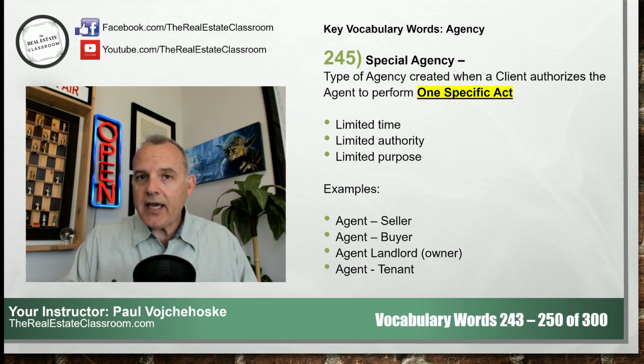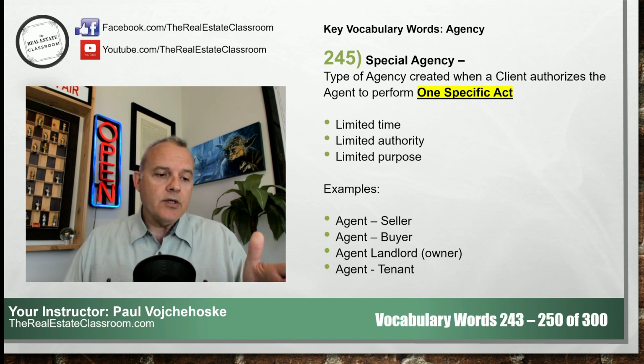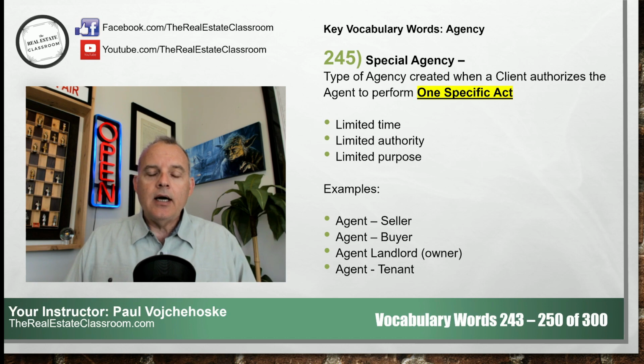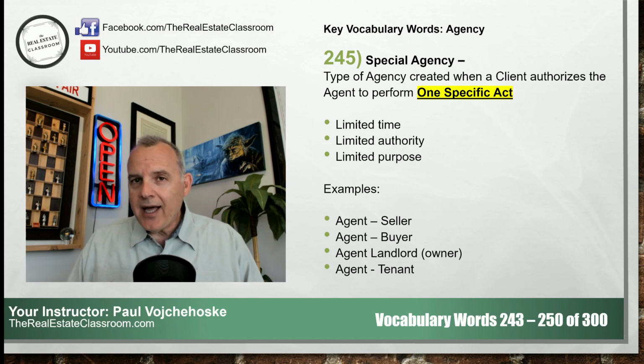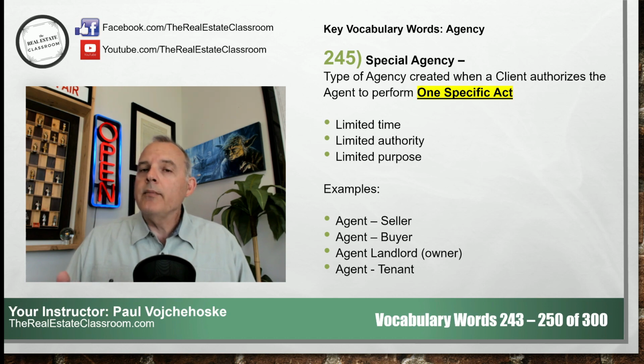The one specific act is to list the property and find a buyer. However, I have a limited amount of time to do that because all listing contracts have an expiration date. I have limited authority. I can't speak on behalf of you as the seller. So maybe the buyer asks me, hey, how much off the list price is that seller willing to come down?